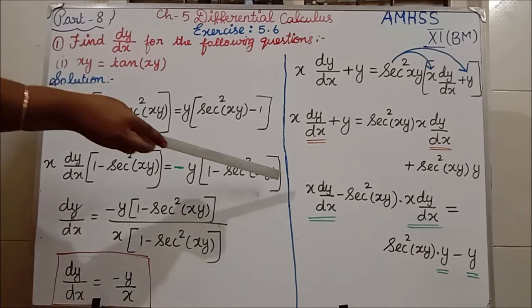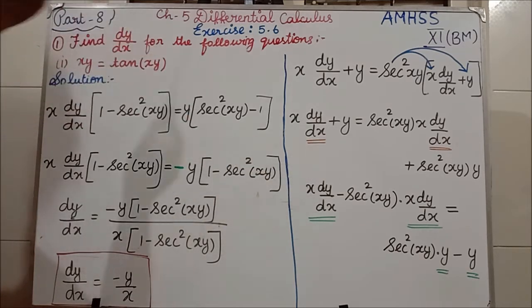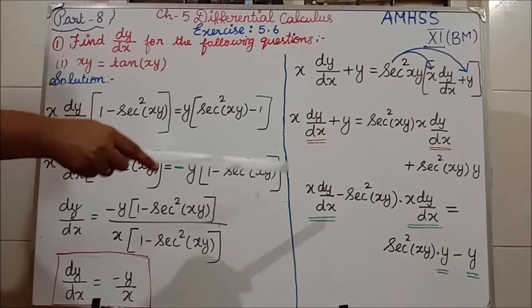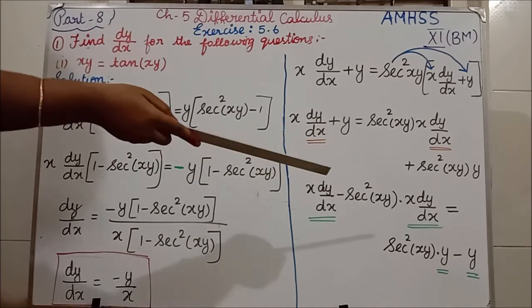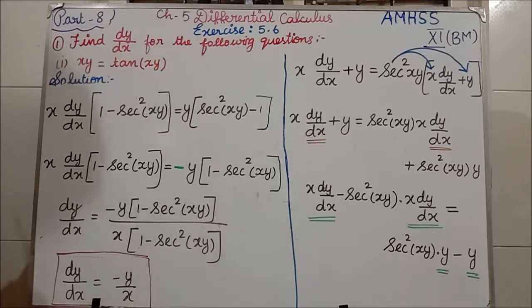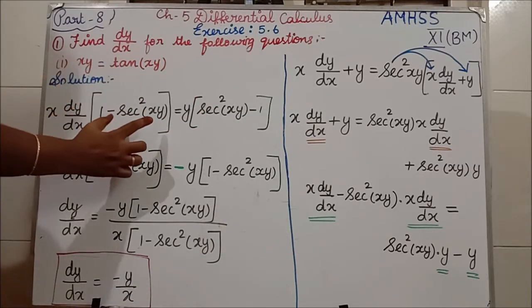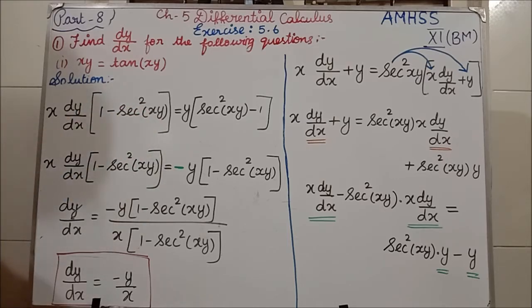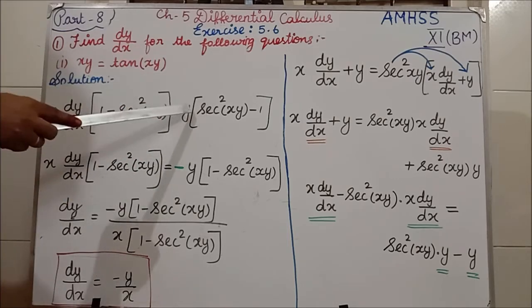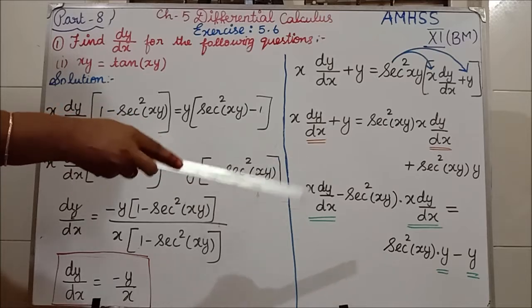In the first term x dy by dx fully came out, so what will be left? 1. So write 1 minus secant square xy into x dy by dx. X dy by dx is outside, so what will remain inside? Secant square xy will be inside. Clear? Equal to.